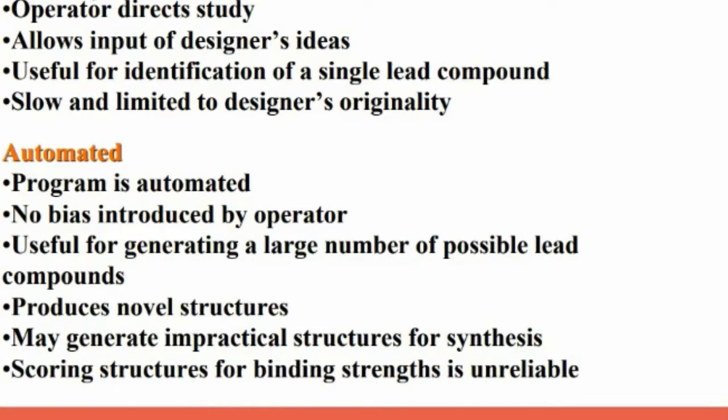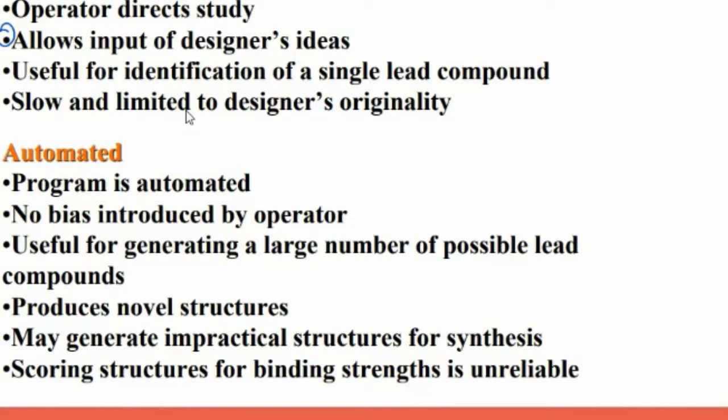So coming to the manual one, it is an operator-directed study, and it allows the input of a designer's idea. This is a key point. This is considered the major advantage of the manual method, in which the user can implement whatever idea they have.